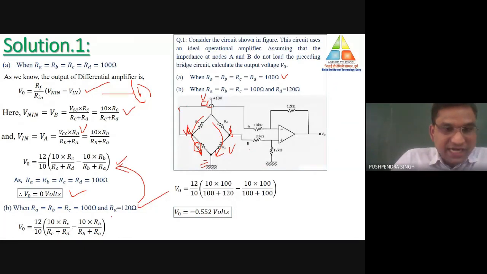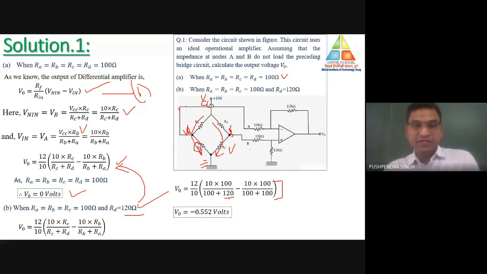Because the value of RD is 120, and here the values of all resistances are the same, 100 only. So the value of 120 is connected in the denominator. That's why this particular value will be lesser than the value over here. So output generated would be negative. So output is minus 0.552 volts.